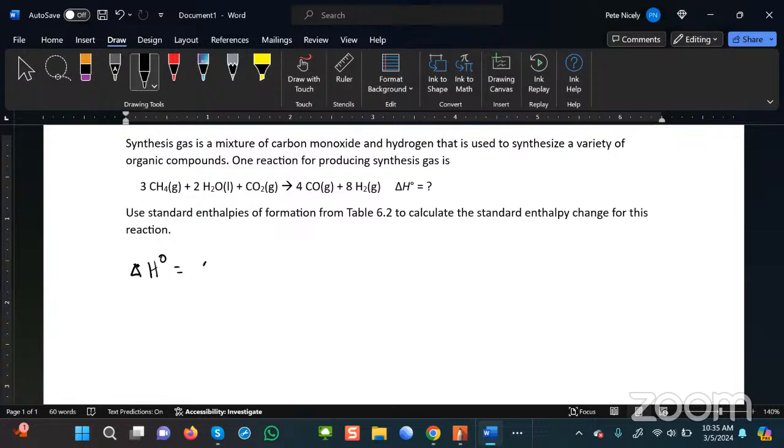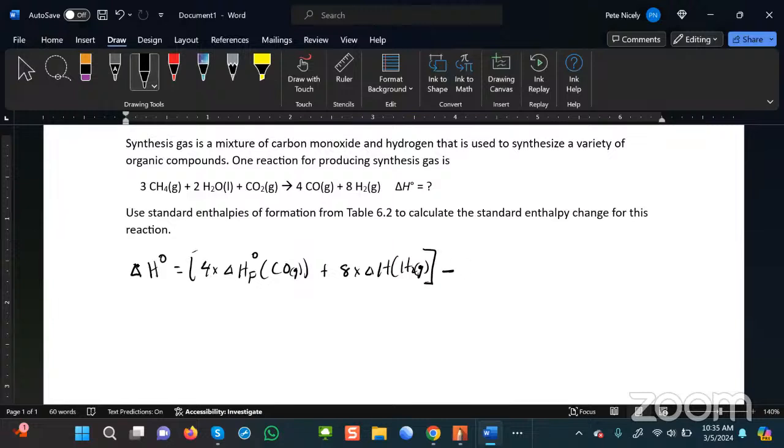So I'm going to write down here 4 times the enthalpy of formation of carbon monoxide gas. And then to that, I'm going to add 8 times the enthalpy of formation of H2 gas. So those are your products. I'm going to put them in square parentheses.